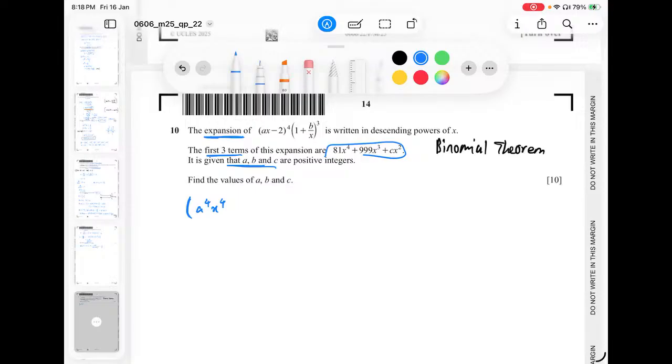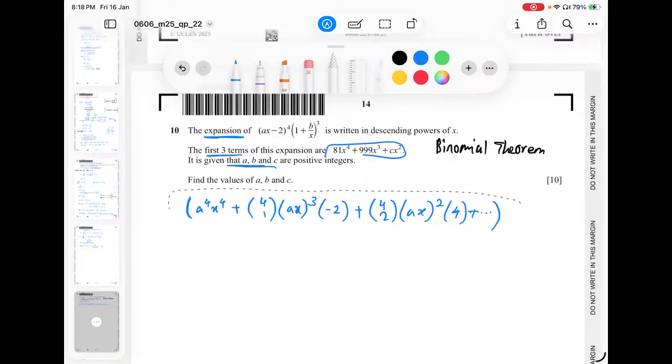So a to the power 4 x to the power 4 plus 4 choose 1 a cubed, or you can just write (ax) cubed times negative 2, plus 4 choose 2 (ax) squared times negative 2 squared, which would give you 4. So you just need to write the first 3 terms, since they only gave you the information for the first 3 terms.